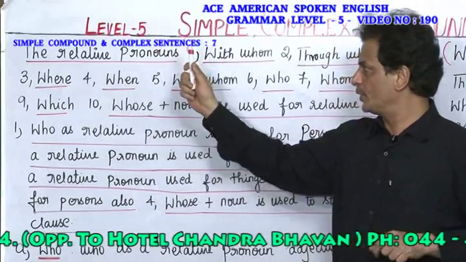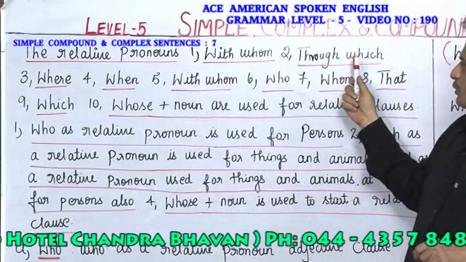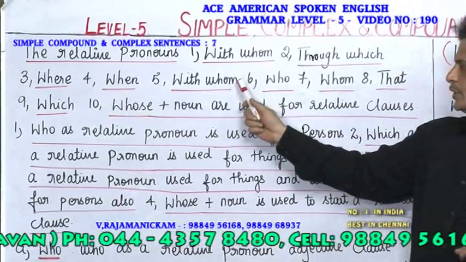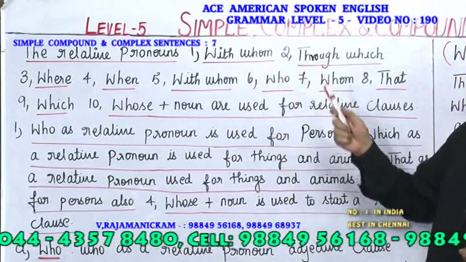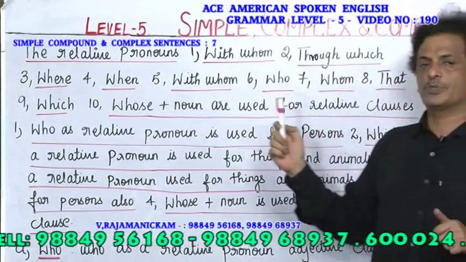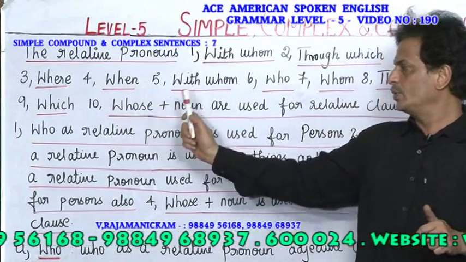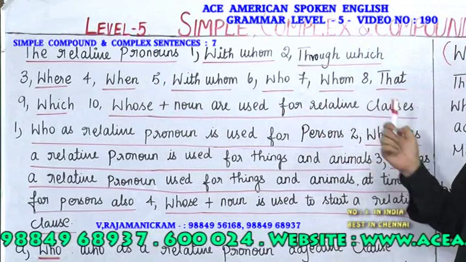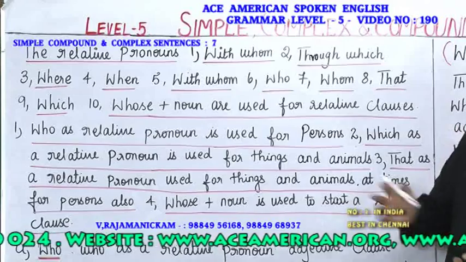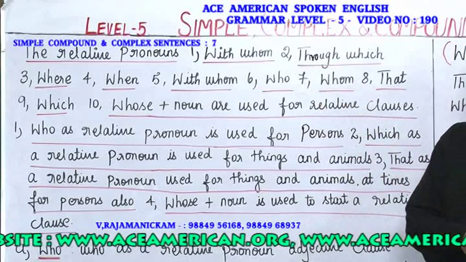Where is a relative pronoun, with whom is a relative pronoun, through which is a relative pronoun, when is a relative pronoun, who is a relative pronoun, whom is a relative pronoun, that is a relative pronoun, which, whose plus noun are used for relative clauses. Just like earlier what you have seen, these are used for relative clauses.